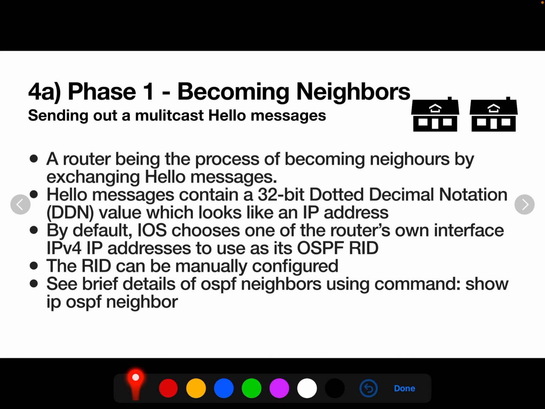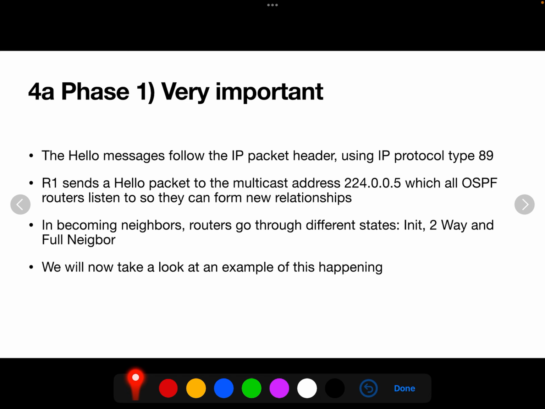Let's go into the next slide. Very important, hello messages follow the IP packet header using the IP protocol type 89. It's also something important to know about IP protocol type 89.